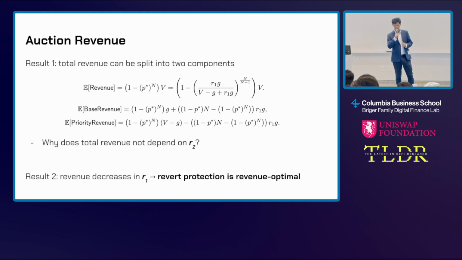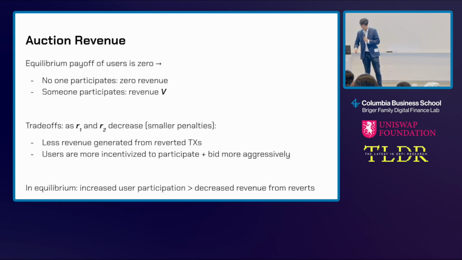The second result is, if you look at this expression, you notice that the revenue is decreasing in R1. As R1 increases, your revenue decreases, which means that the optimal amount of revenue is attained when R1 is equal to 0. This is when you're not paying any additional gas fee for reverted transactions at all. Why is this the case?